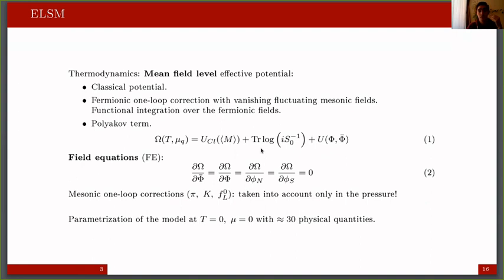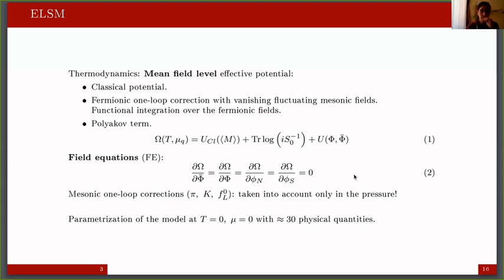We have a fermionic functional determinant, and of course we have a Polyakov loop part, which I will omit later on because it has no importance for our recent calculations. We have these field equations, which were written up in Peter's slides, and one can solve these equations. One can do a parameterization, but I don't want to go into the details.